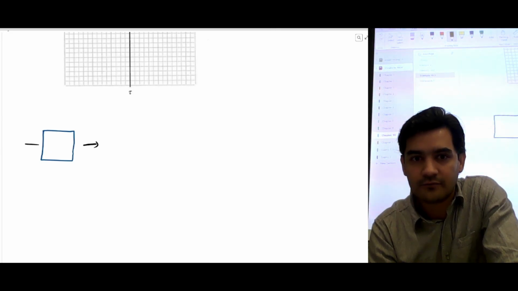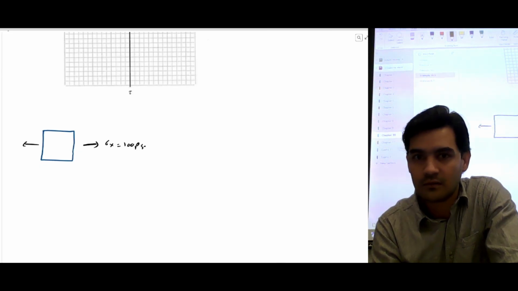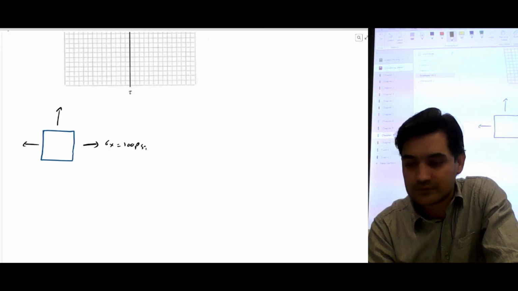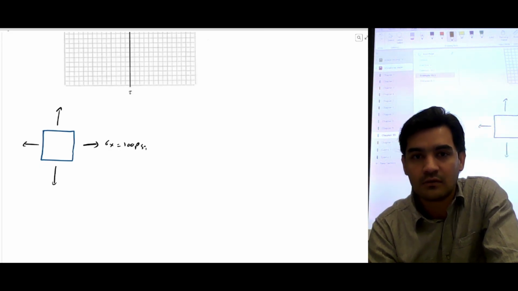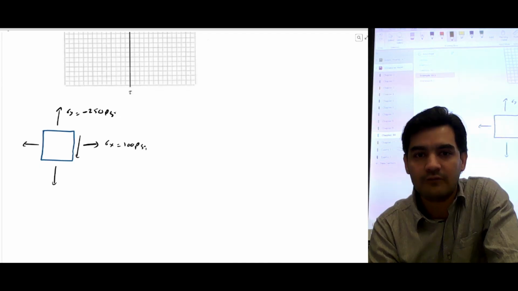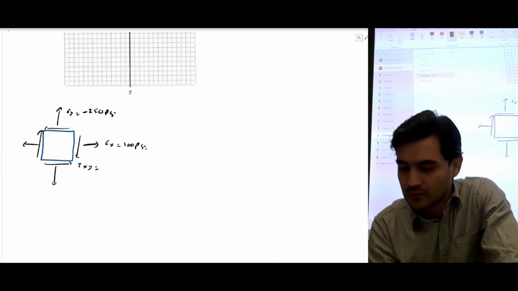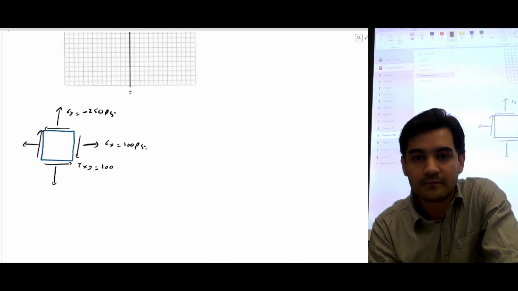We have stress X as 100 psi, and we had stress Y as negative 250 psi, and we had shear stresses, and the shear stresses were 100 psi, right?